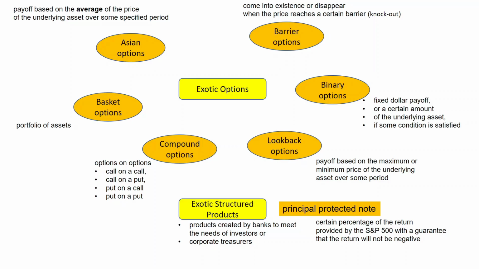It could be, for example, related to temperature or natural gas price or something like this. Compound options, options on options. So call on call, call on put, put on call, put on put. We will not price this one, obviously. And basket options: it's valid on a portfolio of assets.